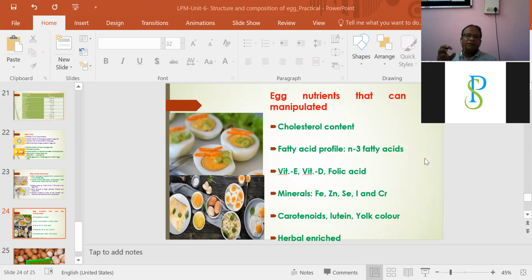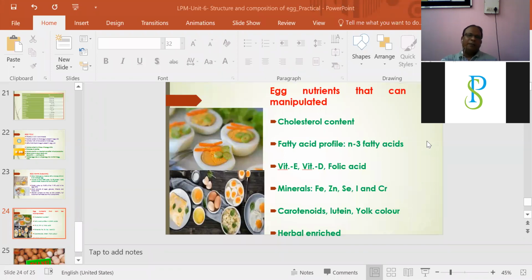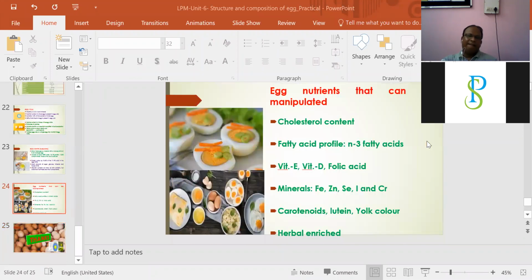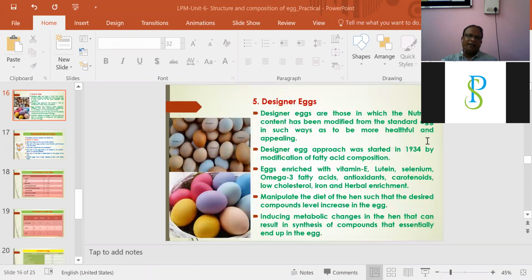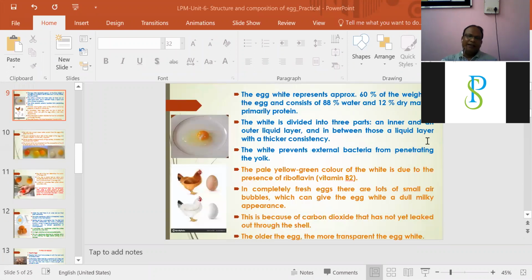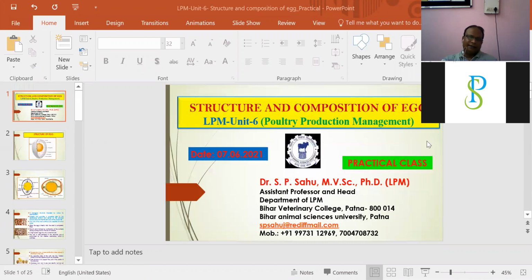Some herbs have medicinal value, and when fed to layer birds they will also be deposited in the eggs, which are useful for human beings as food. So these are the structure, composition, and nutritive value of eggs.